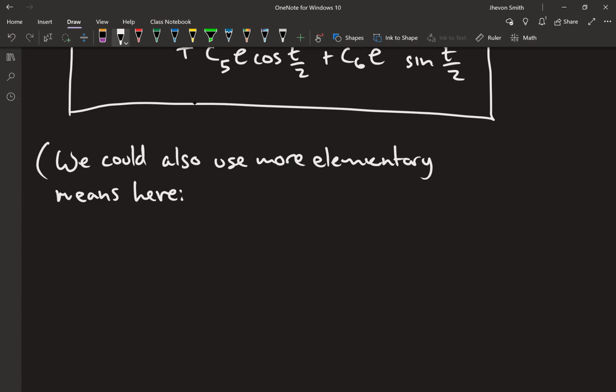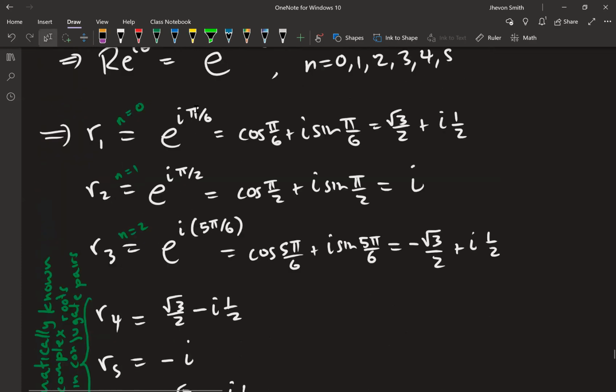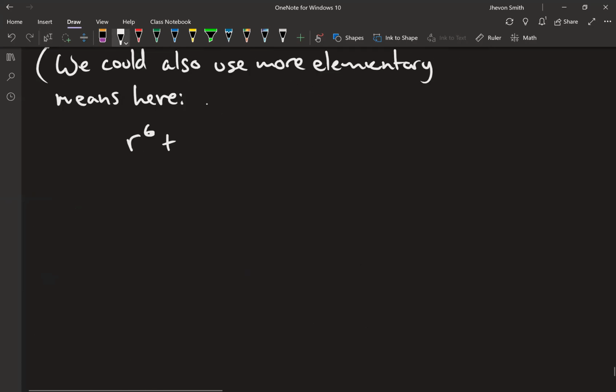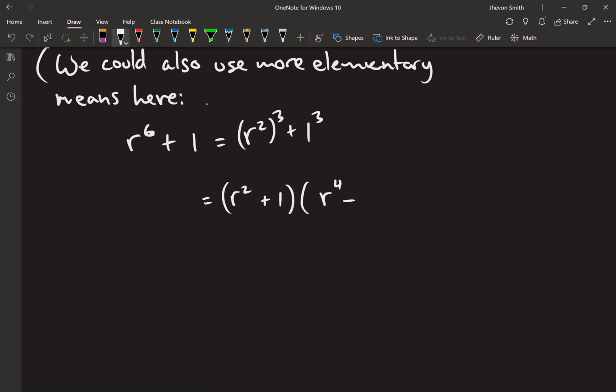But here, we could actually do something differently. We could say r to the 6 plus 1. I could just think of this as r squared cubed plus 1 cubed. And so this sum of cubes would be r squared plus 1 times r to the 4th minus r squared plus 1.